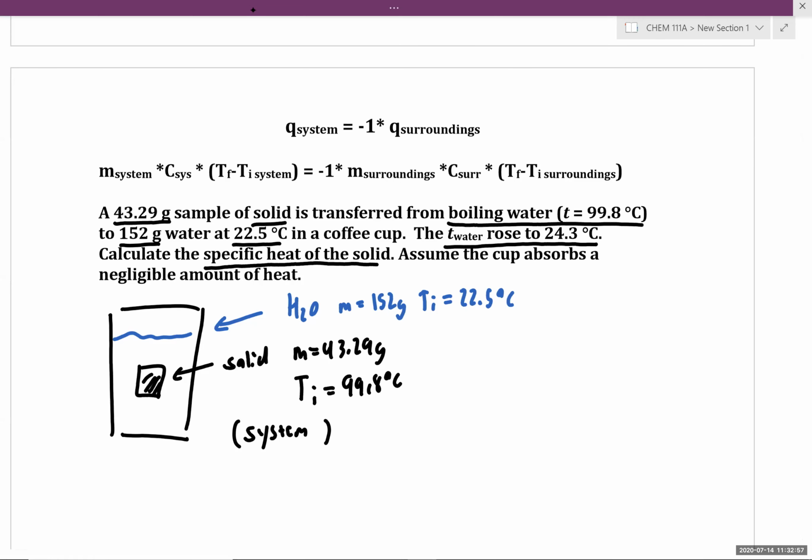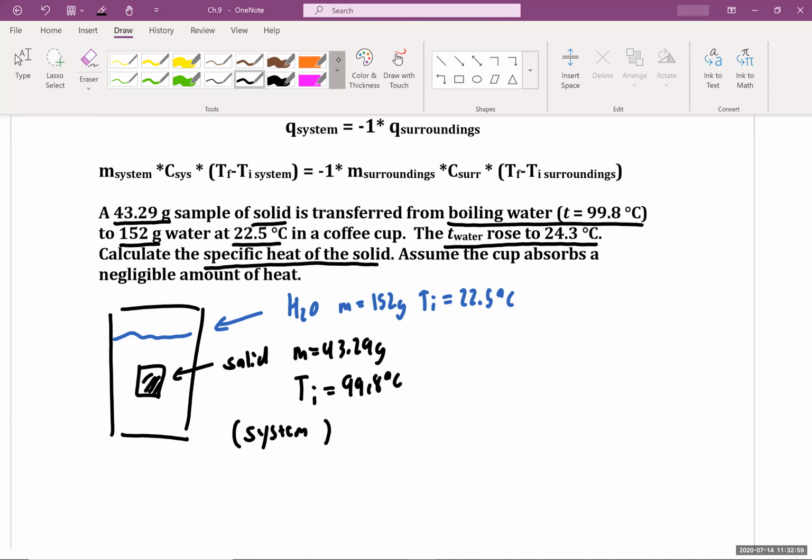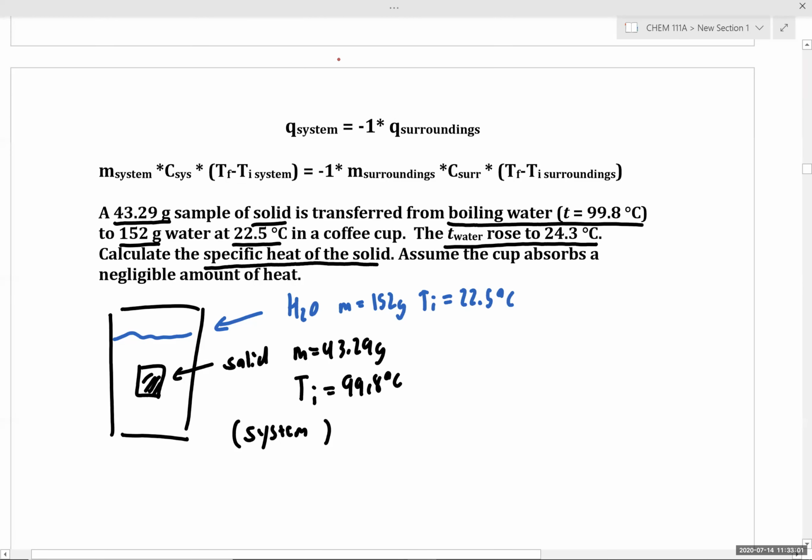So what surroundings is our solid exchanging heat with? What is surrounding our solid? What is our solid exchanging heat with? What is gaining any heat released by our solid?